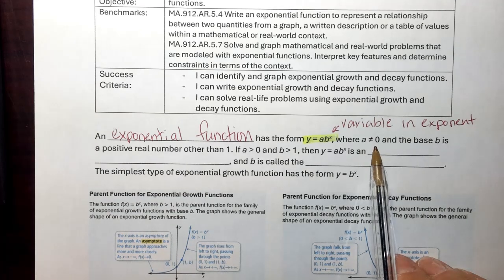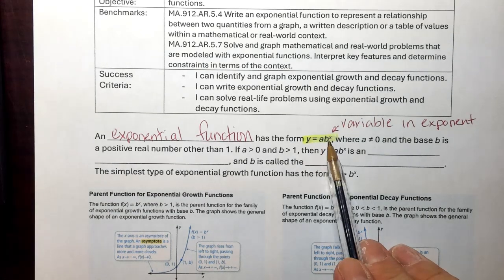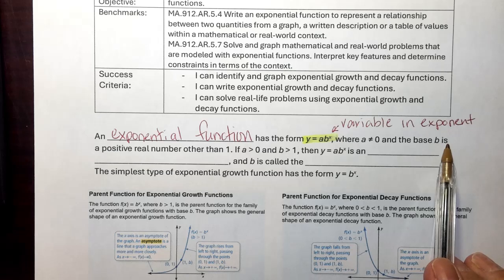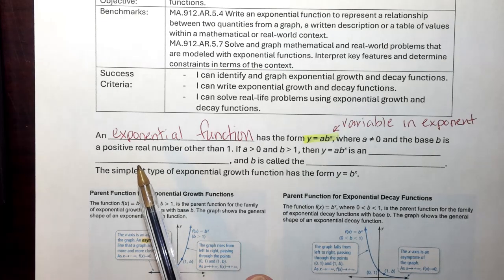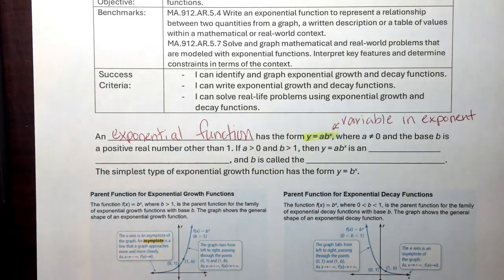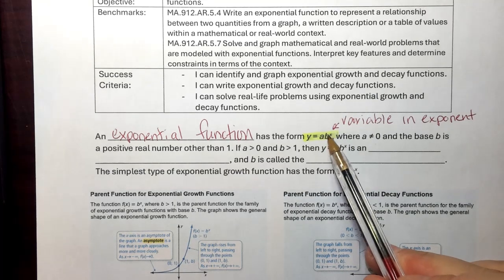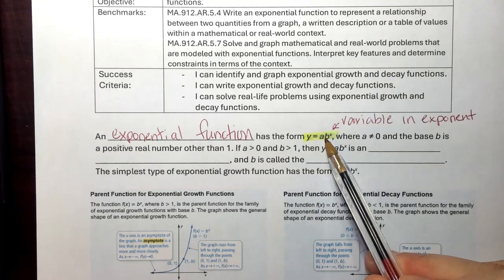And a cannot be 0, because if a is 0, then the whole thing's canceled out. And the base b is a positive real number other than 1. So it has to be a positive real number besides 1.